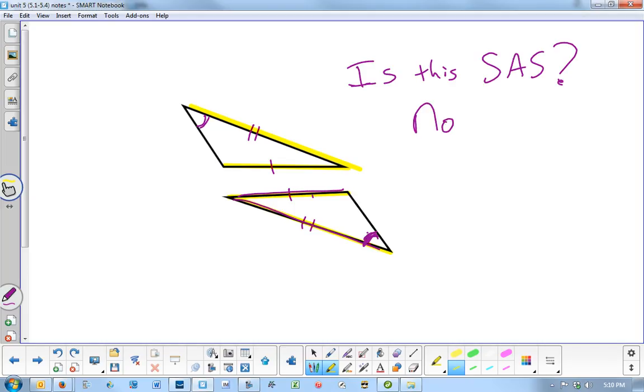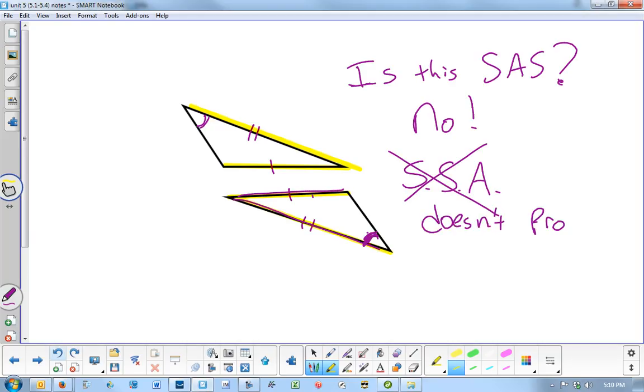So, no. This is two sides and an angle that's not between the sides. We need this angle between the sides, but it's not. And so this is side-side-angle, and spoiler alert, side-side-angle doesn't prove triangles congruent.